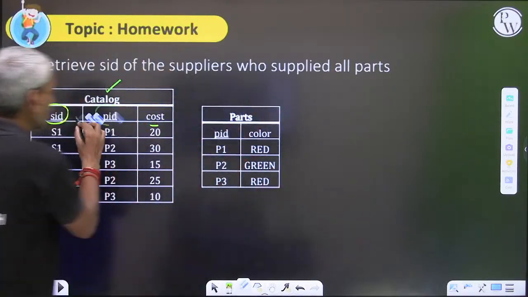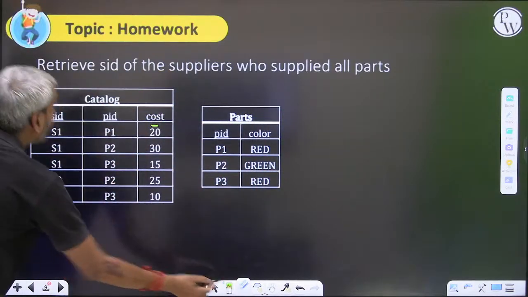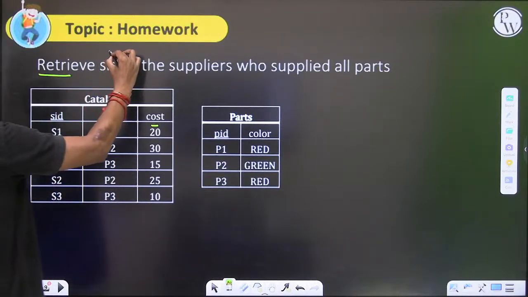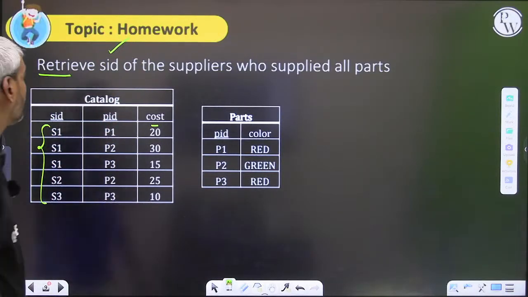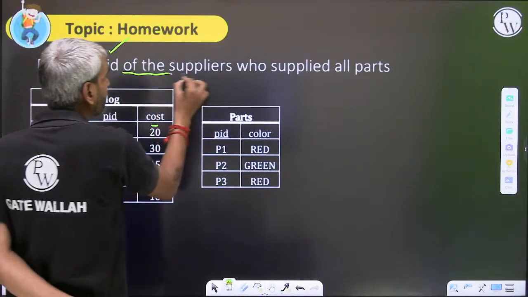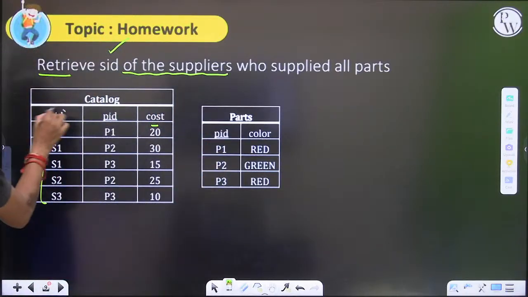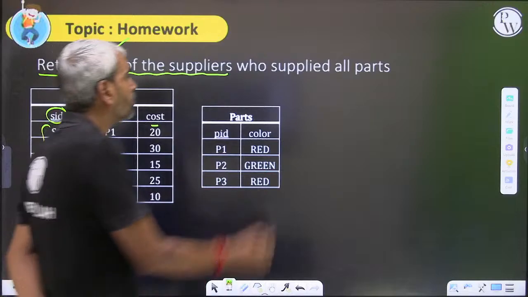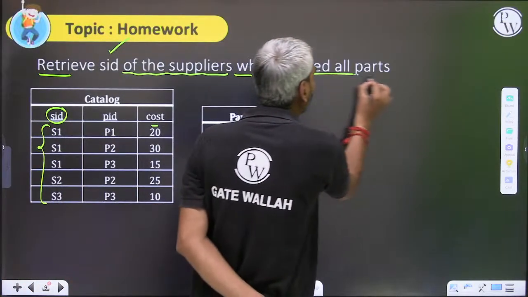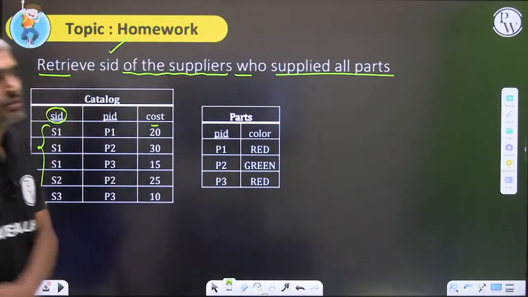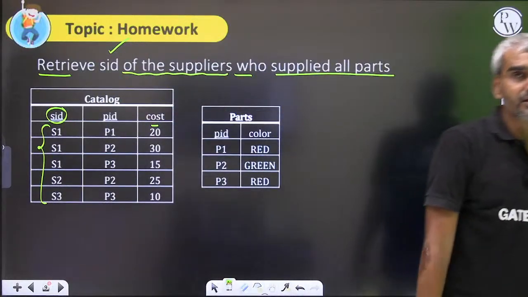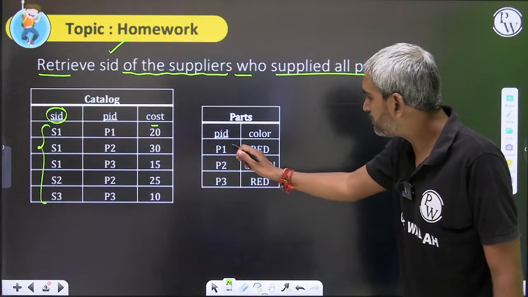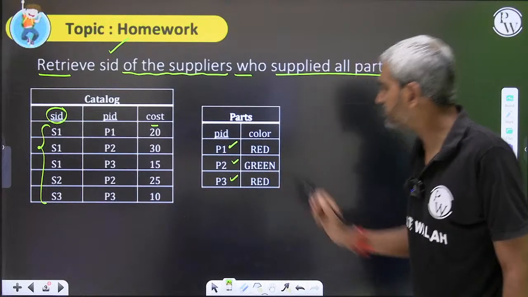So if I ask you to retrieve the SIDs of the suppliers who supplied all parts, you are eventually looking for the SID of the supplier which is associated with all the PIDs of the Parts table.